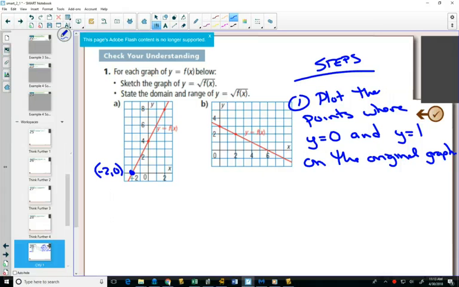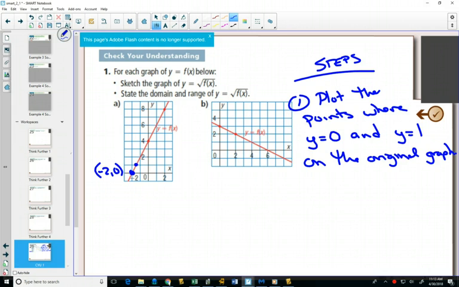The y-coordinate would be 0. I labeled that point because I could, because it was nice. Sometimes you're going to get x-intercepts or values where y is 0 or y is 1 that aren't that nice. For example, on this one, can you see that y is equal to 1 right there?